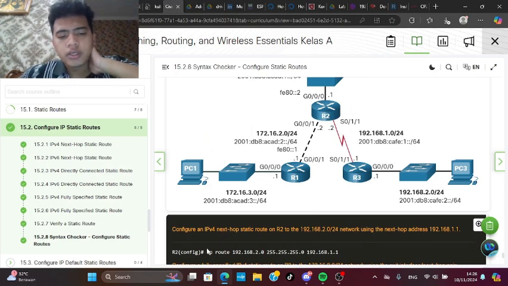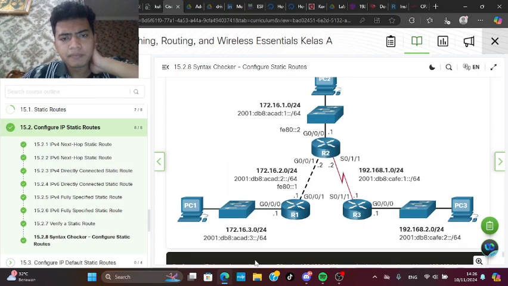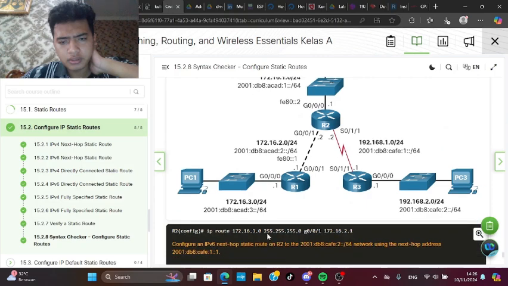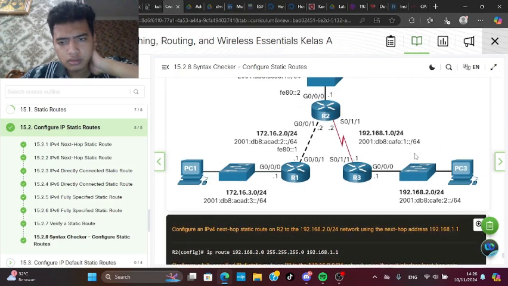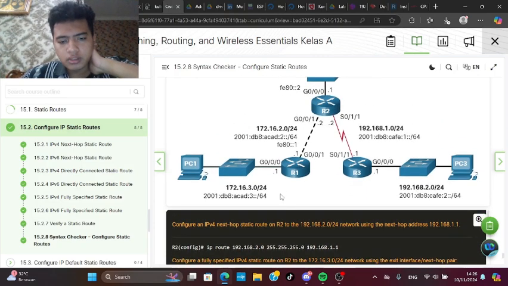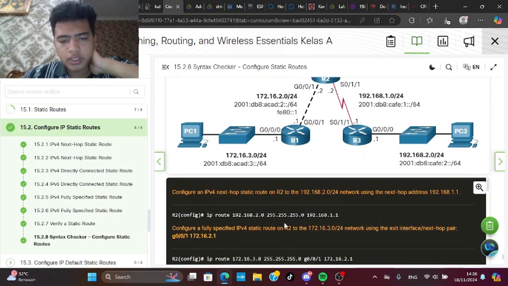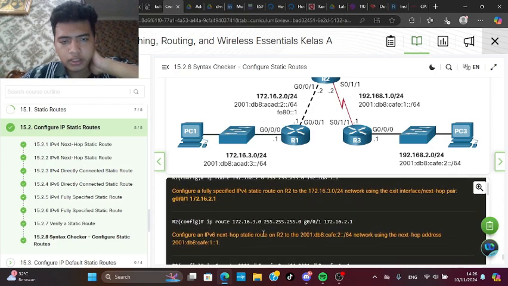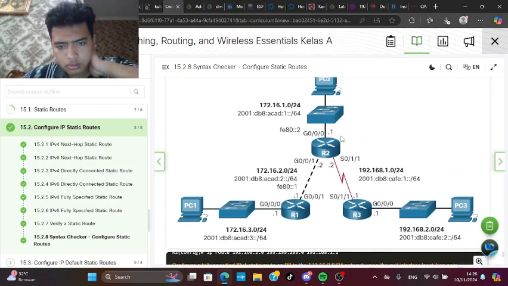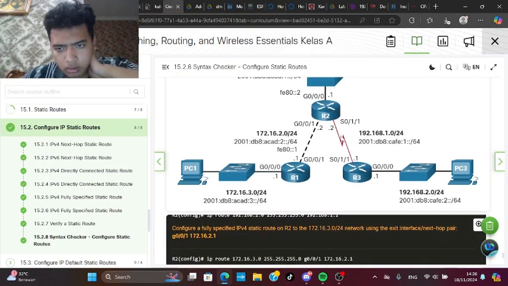So here is router 2 that wants to create a route. This is router 2 trying to make a route to router 3, and then here are the IP routes from where? Wait, 3? There is no router 3 here.